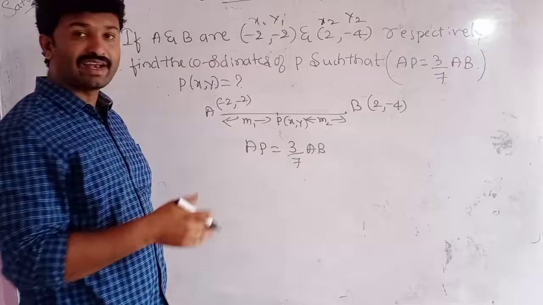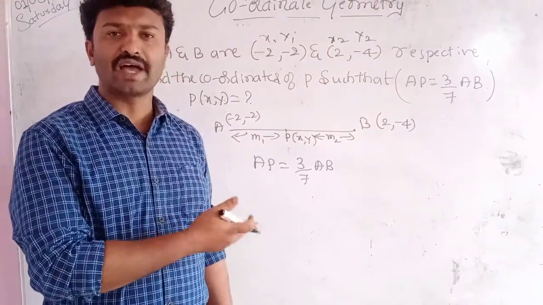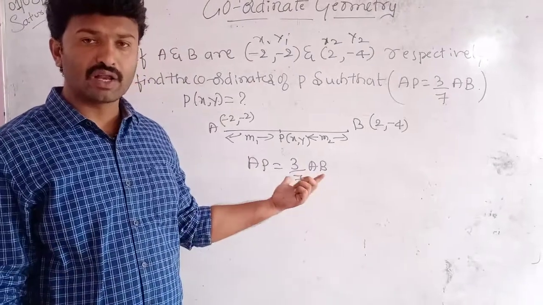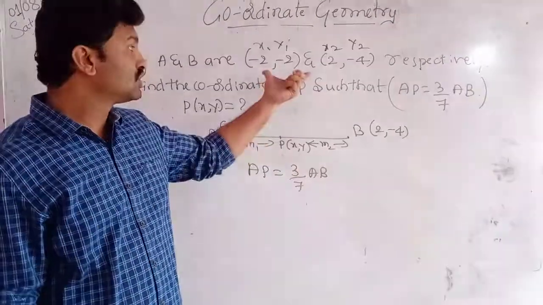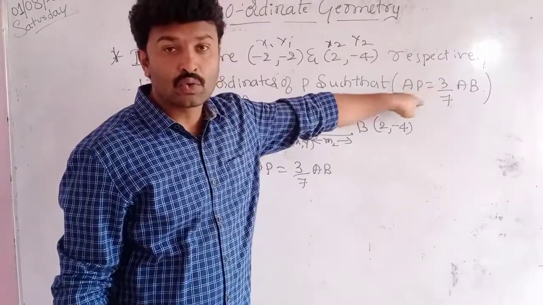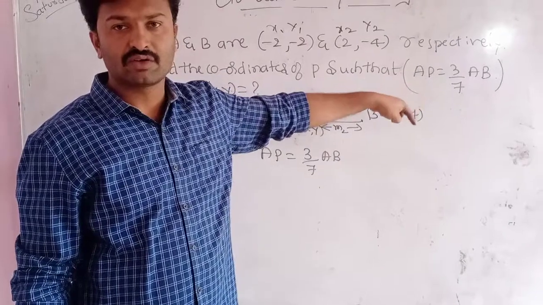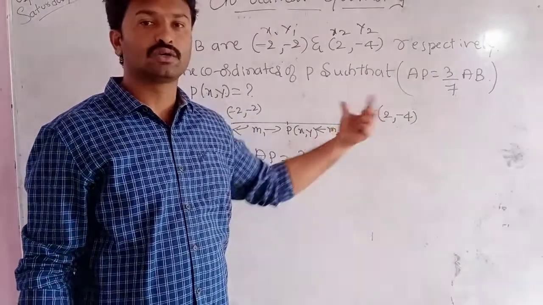After finding m1, m2 only we can easily find out the value of P of xy. First we have to find the values of m1, m2. In the question m1, m2 values are not there, just this hint. With the help of this hint, we'll check whether we can find the values of m1 and m2.